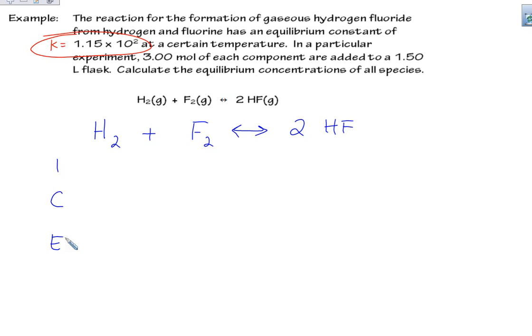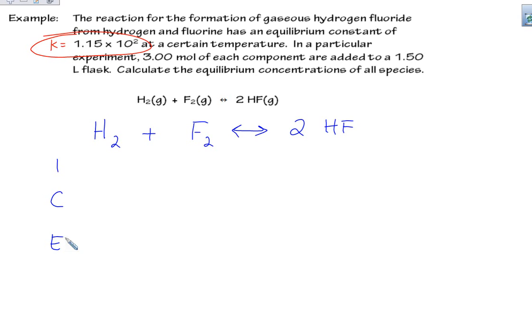One is pressure, which would be common for something like this, where our components are gases. The other option is concentration. If it's a solution, you might see molarity, or in this case, we need to plug it in as moles of gas per liter of volume. So I need to take that 3 moles of each component and divide by the 1.5 liter flask.